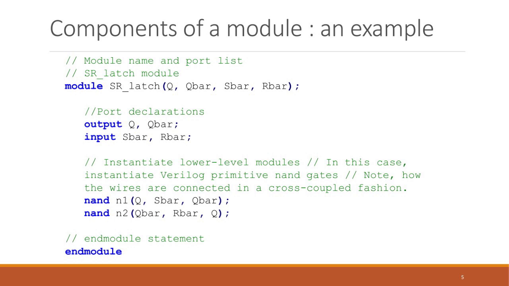Now next we come to the internals of the module. Inside the module, the first thing we need to do is to declare each signal in the ports list either as input or output. Since Q and Q bar are outputs, we need to specify that with the keyword output. And since S bar and R bar are inputs, we need to specify that with the keyword input in Verilog. Another thing you should notice is that all these input output signals are single bit wires.